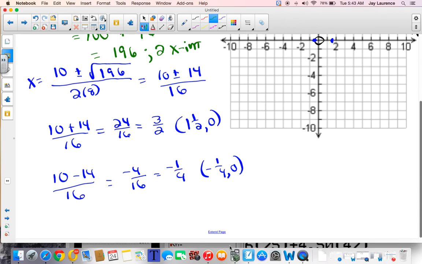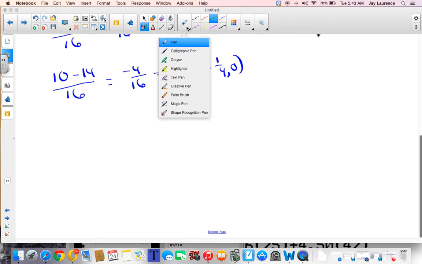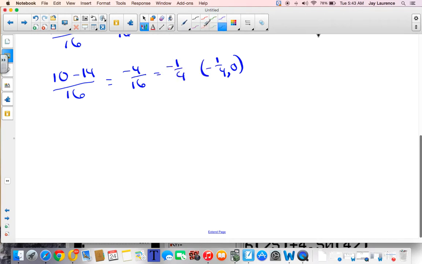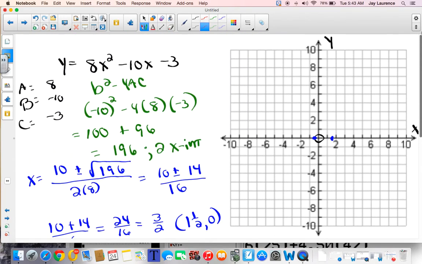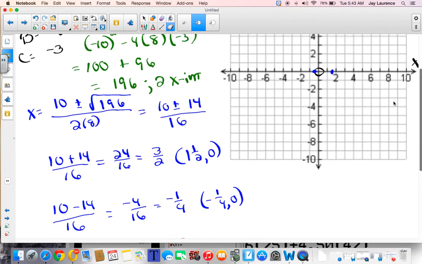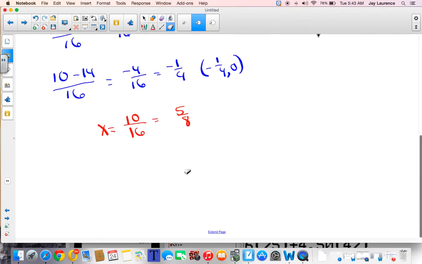All right, now I go find the vertex. Okay, so the vertex, two parts to the vertex, right? First the x-coordinate. So x equals the negative of b over 2a, which is 16. The x-coordinate of the vertex, simplifying this, is going to get me 5/8. Yeah, 5/8. Now to find the y-coordinate of the vertex, I have to plug in 5/8 into the original equation.